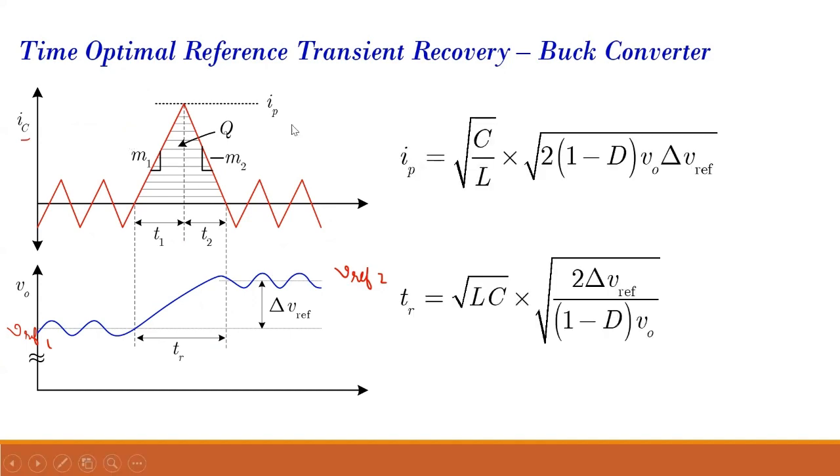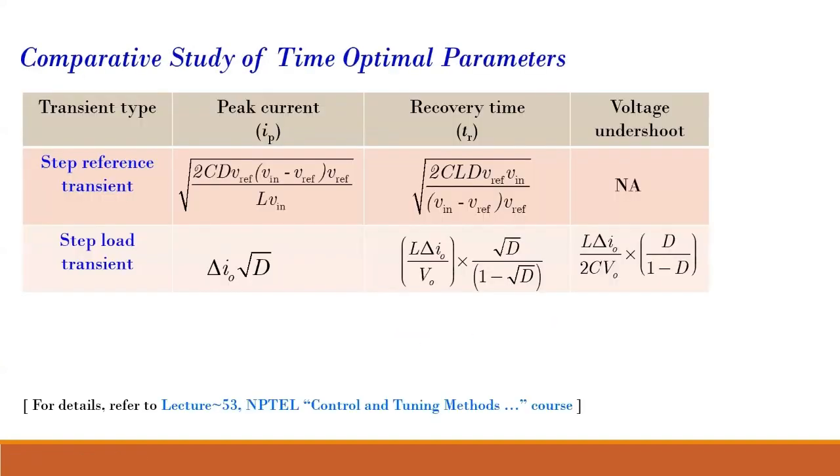When you derive these equations for the peak current and the recovery time, they come in this format. So when we compare a reference transient and a load transient, this is how the peak current, the recovery time, and the voltage undershoot are determined. In a reference transient, there's no voltage undershoot. If I want to reduce the peak current for a reference transient, I have to reduce my capacitor and increase my inductor.